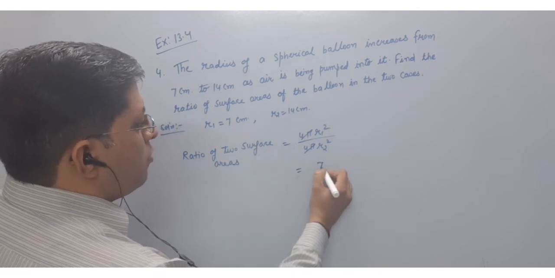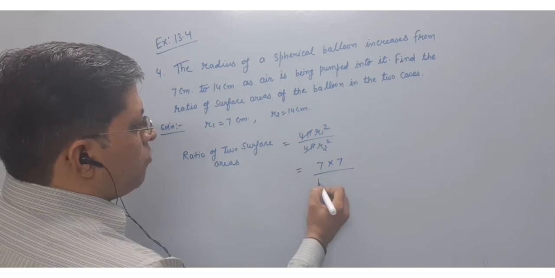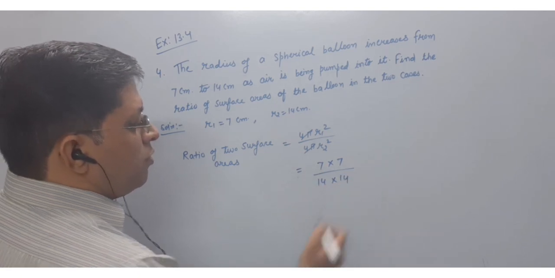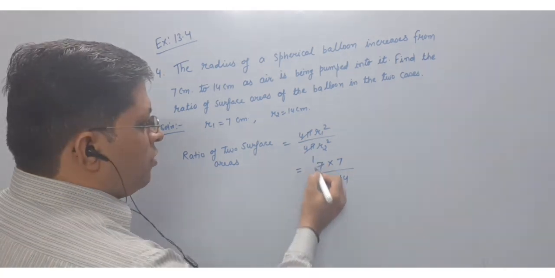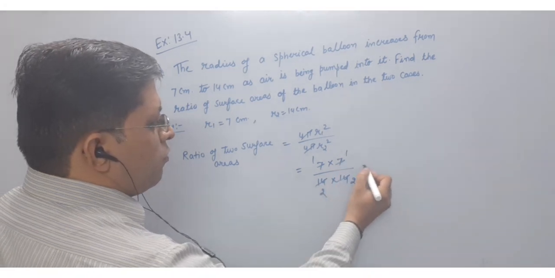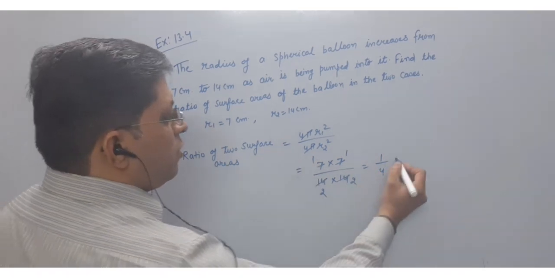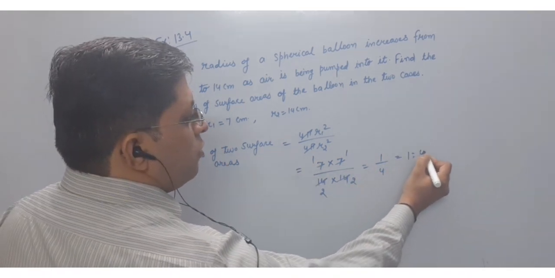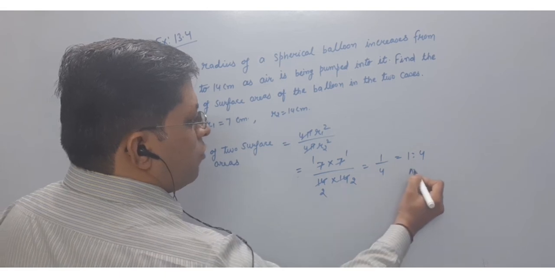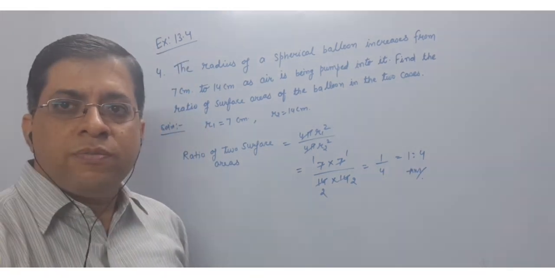R1 is 7, r1 square is 7 into 7, and here r2 square is 14 into 14. 7 1 is 7, 7 2 is 14, 7 2 is 14. 1 into 1 is 1, 2 2 is 4. What is the ratio? We can say the ratio is 1:4, and this is the answer.